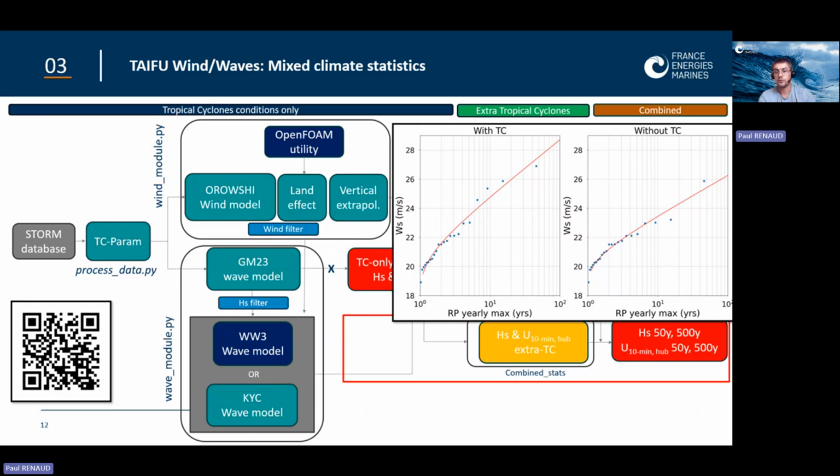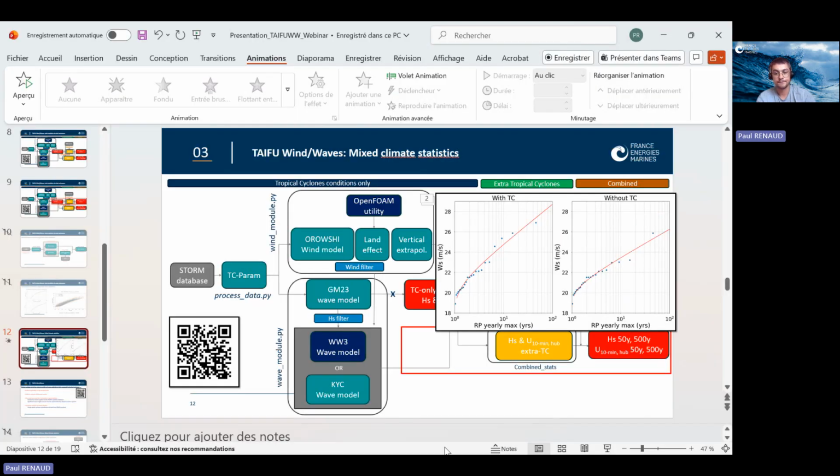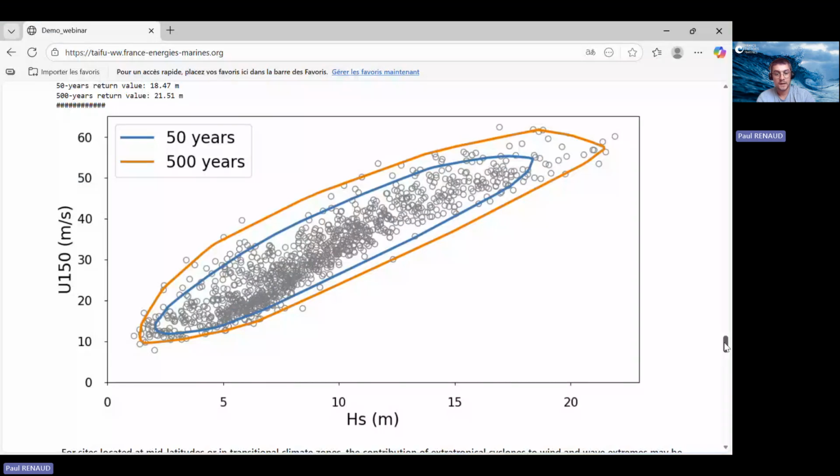And so we see that, of course, we remove the most severe events, which reduces the extreme values. And so at the end, we can derive the mixed climate statistics, the unified statistics of wind speed and significant wave height. So this is illustrated in the last function of the notebook.